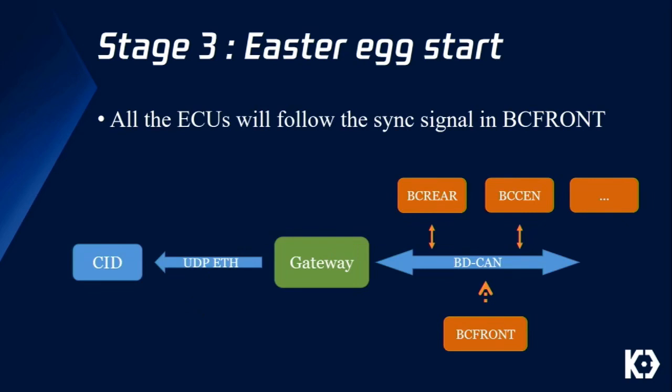Stage 3 is the Easter egg start, because all the ECUs should be synchronized by one signal on the body CAN, and we found that the BC front will send the signal to tell other ECUs what action should be done at this moment.